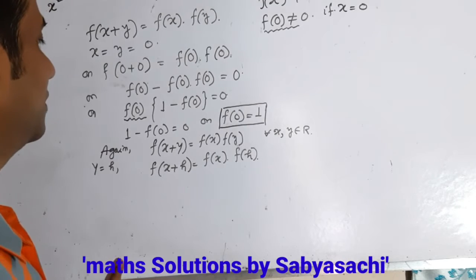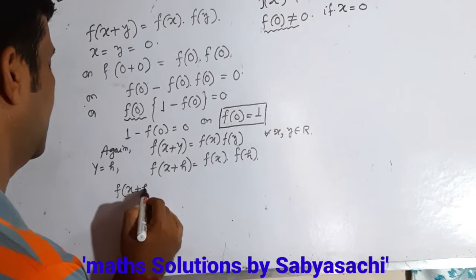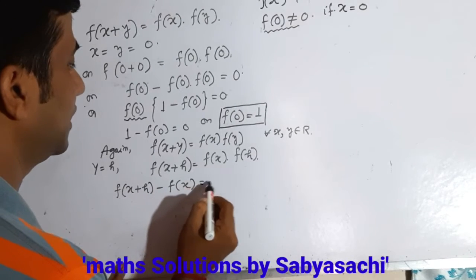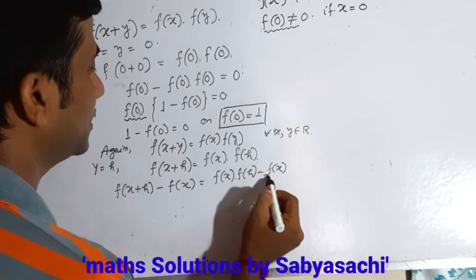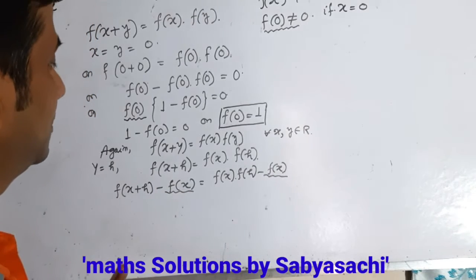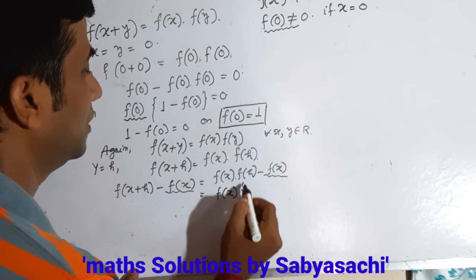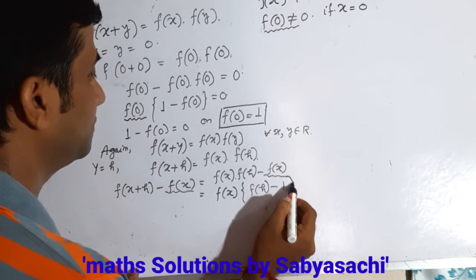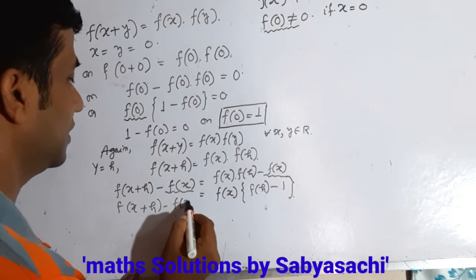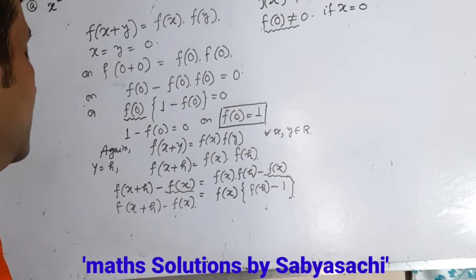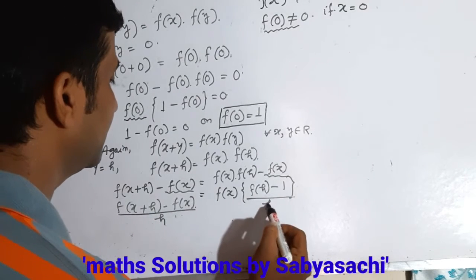Now subtracting f of x from both sides, f of x plus h minus f of x is equal to f of x into f of h minus f of x. Taking f of x common, f of x into f of h minus 1 is equal to f of x plus h minus f of x. Now dividing both sides by h, we get this.